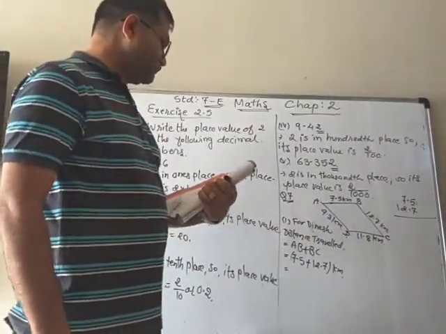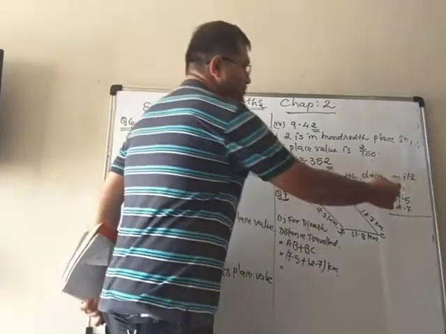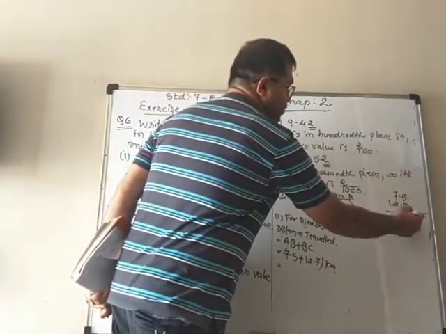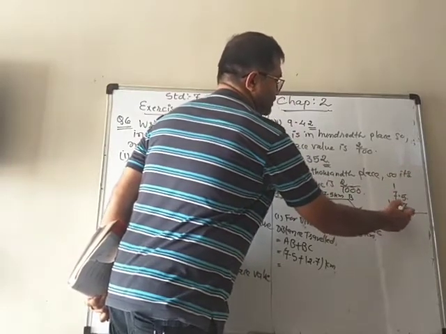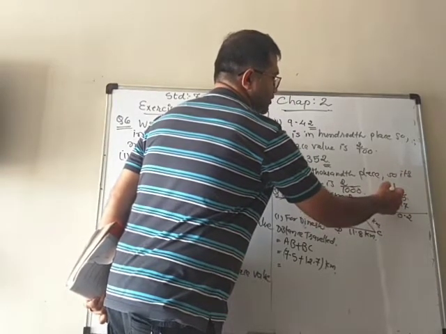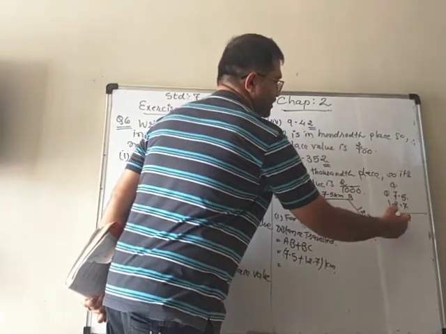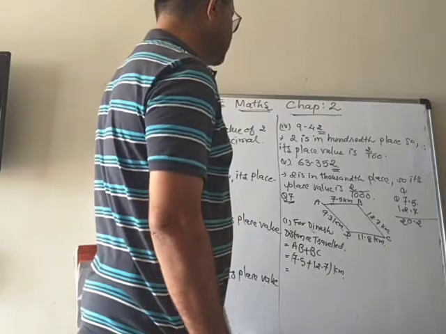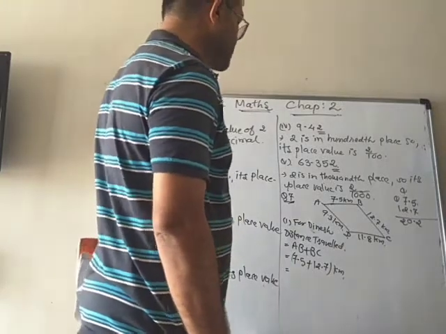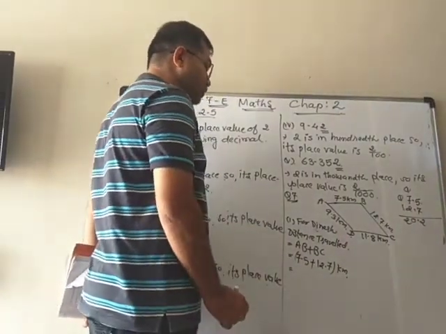So 7.5 plus 12.7: 5 plus 7 is 12, carry 1, then 7 plus 2 plus 1 is 10, carry 1, so 1 plus 1 is 2. So the total distance traveled by Dinesh is 20.2 kilometers.